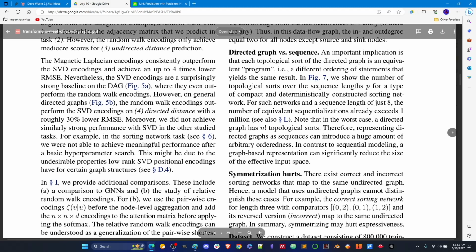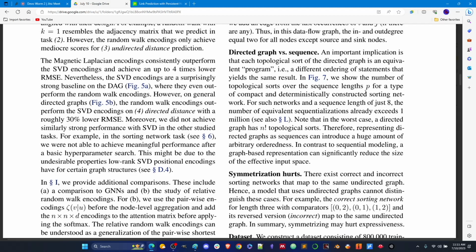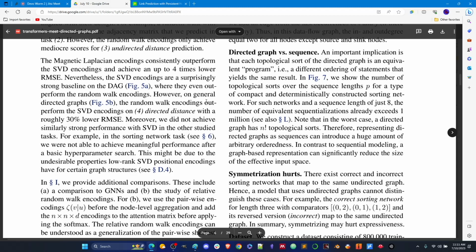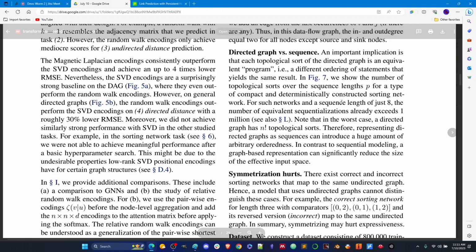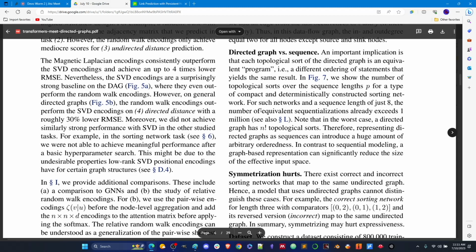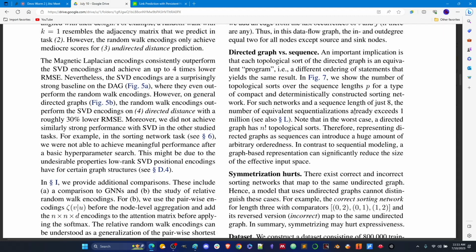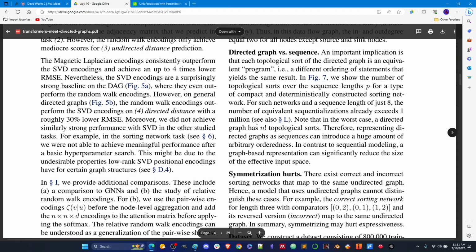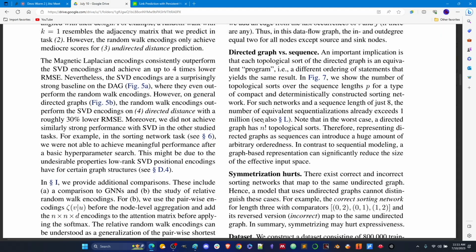In figure 7, we showed the number of topological sorts over the sequence lengths P for a type of compact and deterministically constructed sorting network. For such networks, at a sequence length of just 8, the number of equivalent sequentializations already exceeds 1 million. So this is a pretty large combinatorial space.